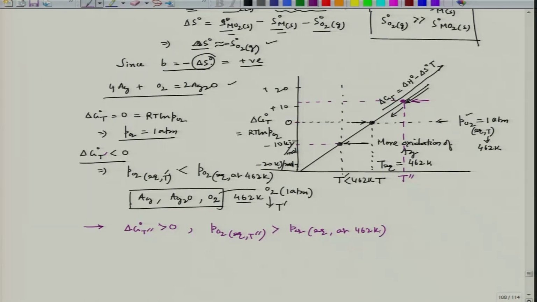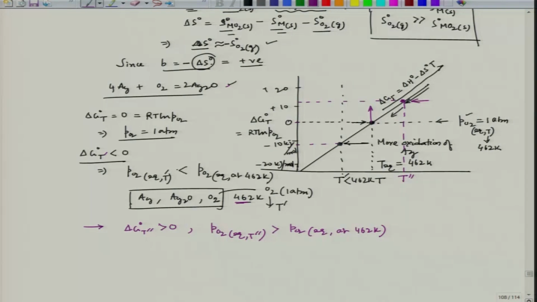Now, similarly, if I start with a system where I have pure Ag2O and O2 at 1 atmosphere pressure, that time it reaches equilibrium. But once I take this temperature to T double prime, to this particular point, I see that the PO2 required to reach equilibrium for that reaction is more than 1 atmosphere pressure.